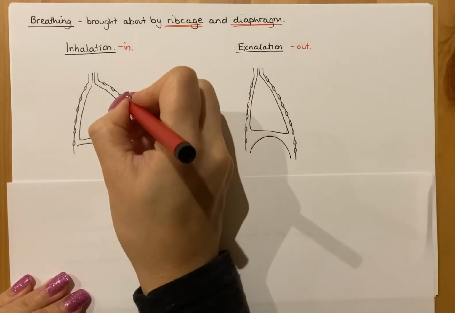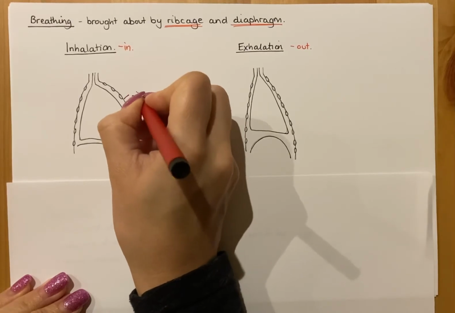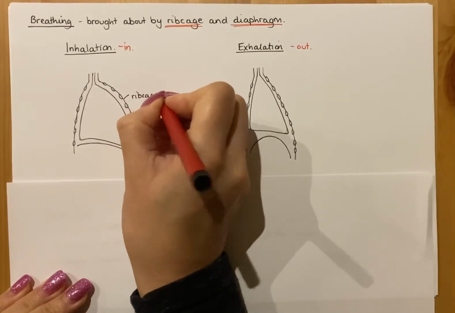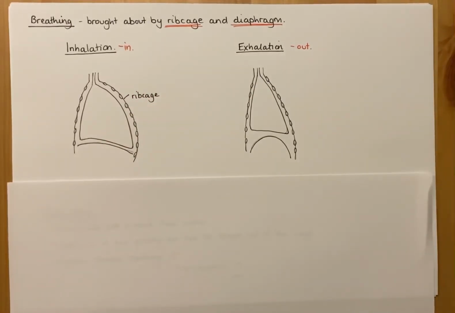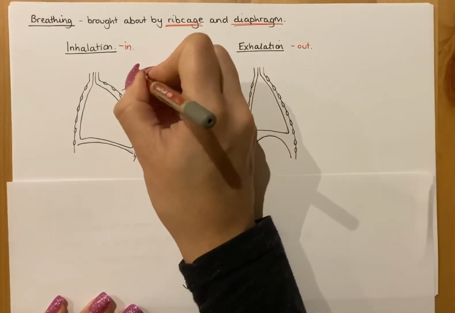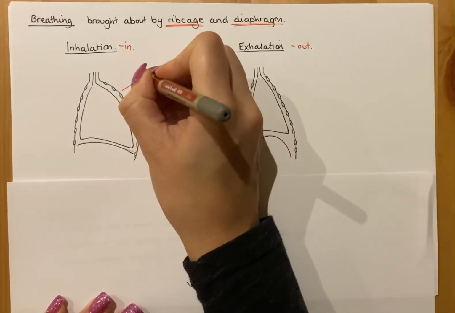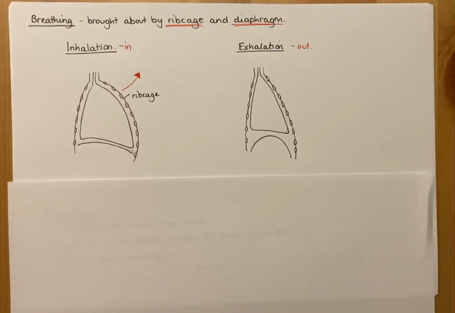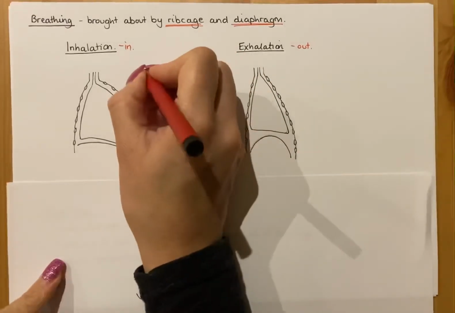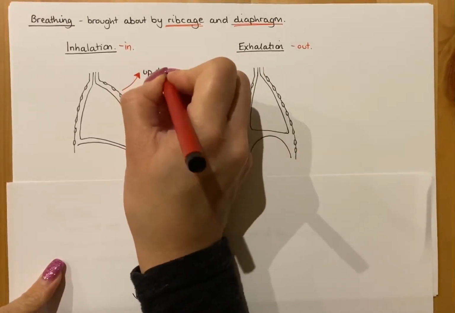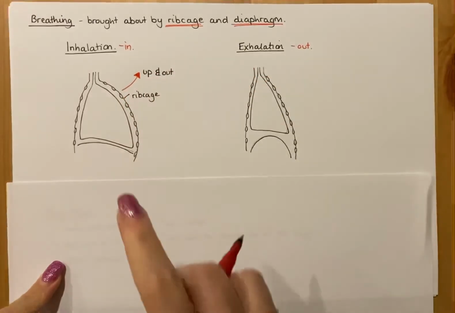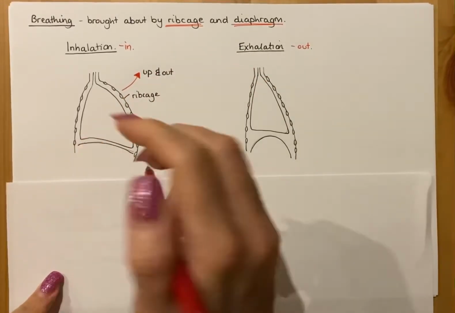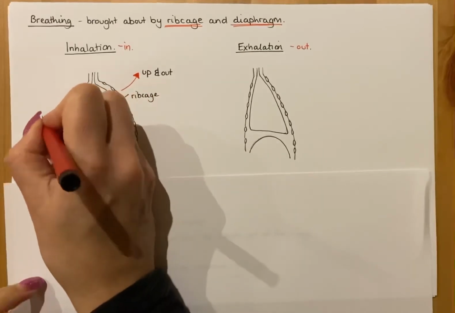So this rib cage here moves up and it moves out. So you can breathe and feel that again. So your rib cage goes up and out. And notice how much bigger that lung is. So this is what that would show here as a lung.